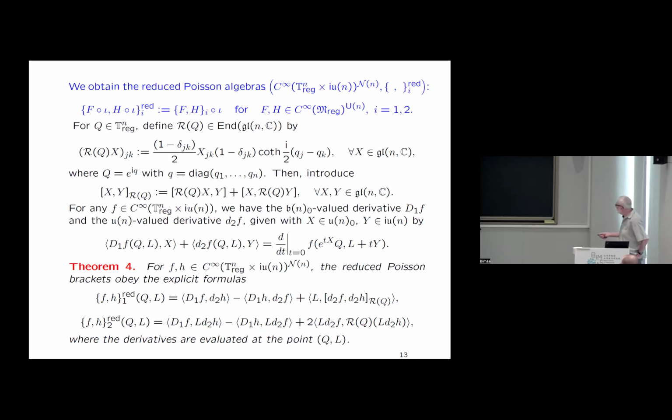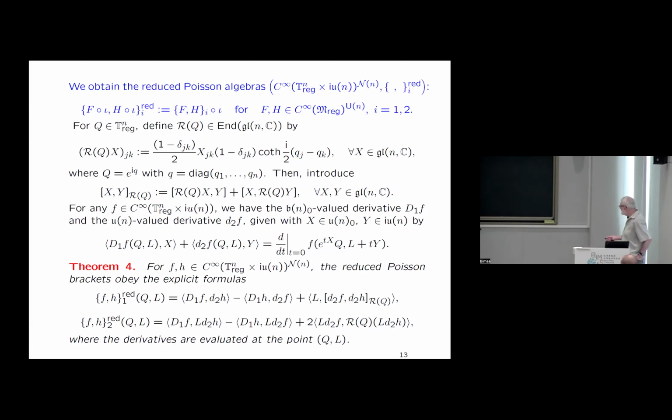And now the first variable is maximal torus valued. So this X belongs to the maximal torus of UN, the Cartan subalgebra. So the derivative of the first variable is what I call b-naught valued. It is just the real diagonal matrix valued.